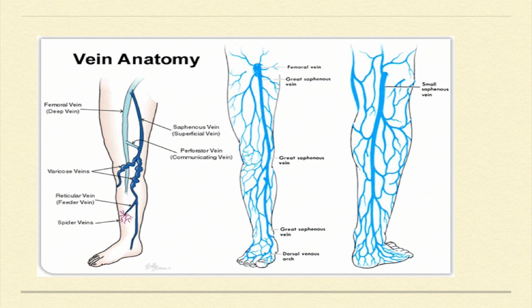The most common that people deal with are varicose veins, which are the largest veins. Then you can have abnormal veins known as reticular veins, which are medium-sized veins, and the third type, the most superficial, which cause a lot of cosmetic deformity and concern in women, are the spider veins. Now, all these veins can cause problems and can be treated in a variety of fashions.